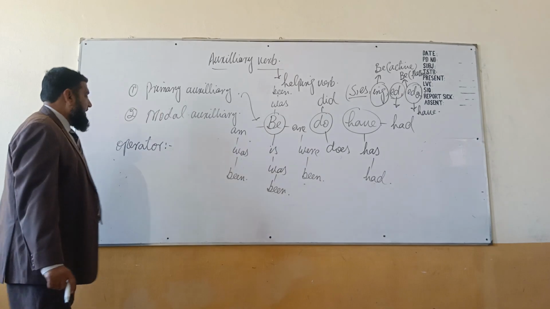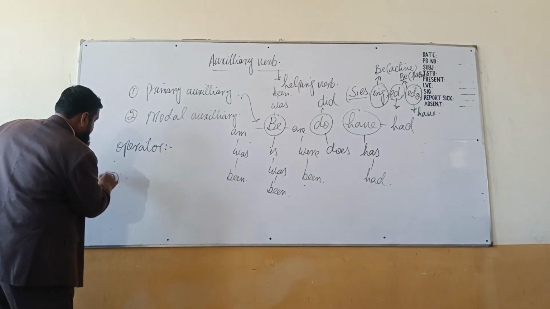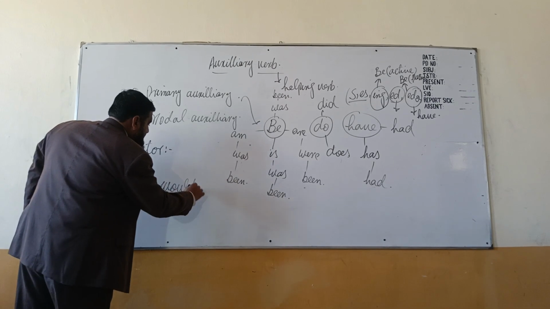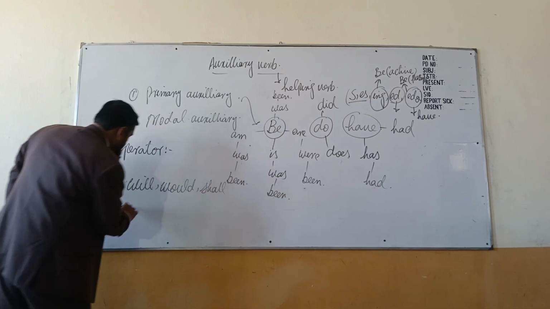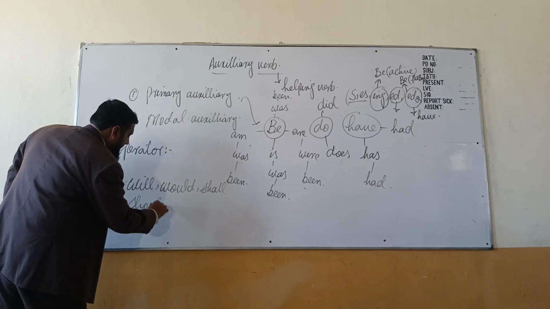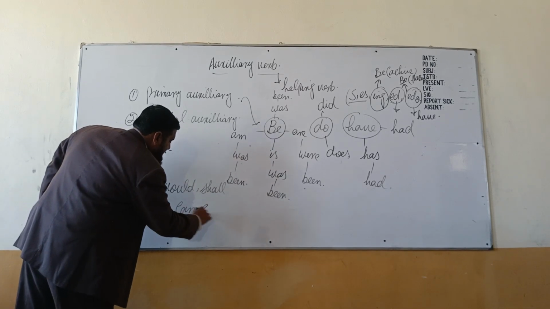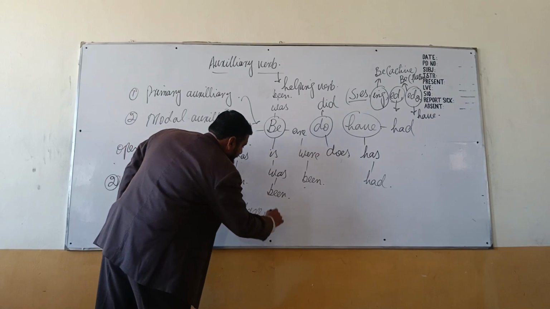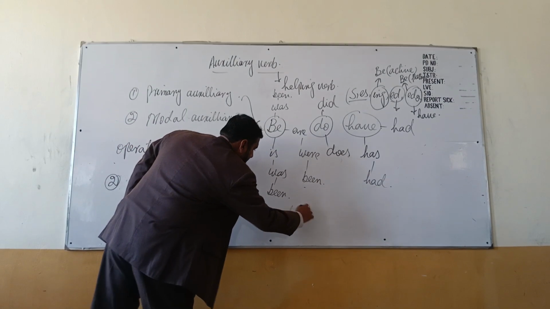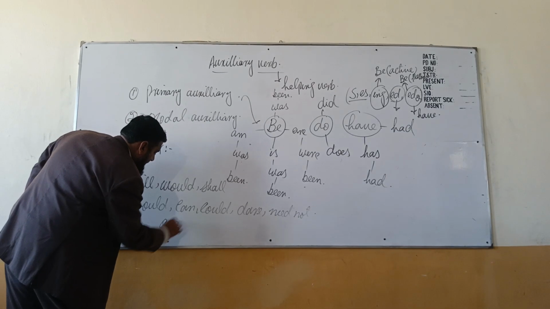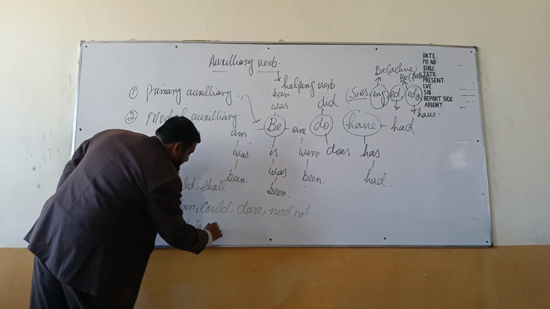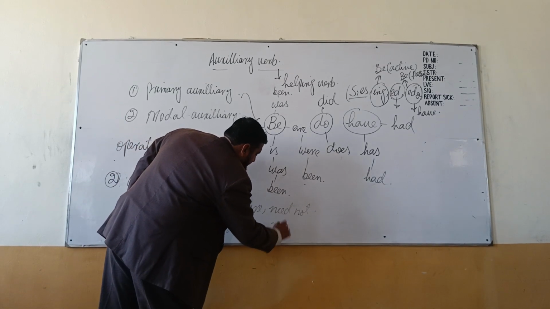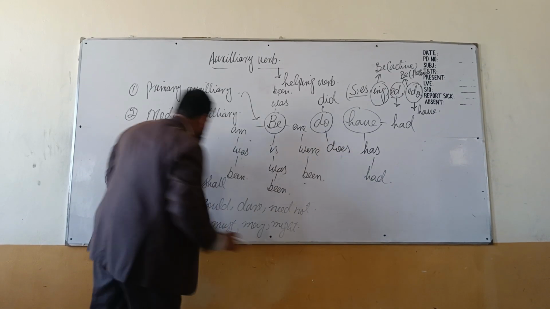Modal auxiliaries are will, would, shall, should, can, could, dare, need not, ought to, must, may, might. So these are modal auxiliaries.